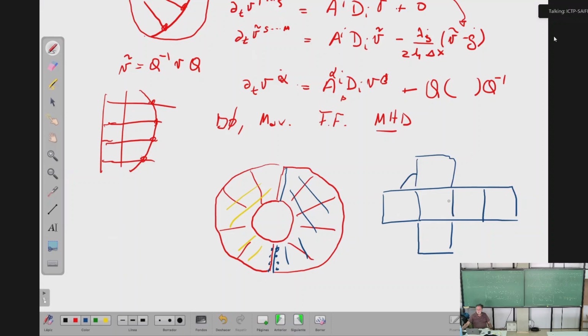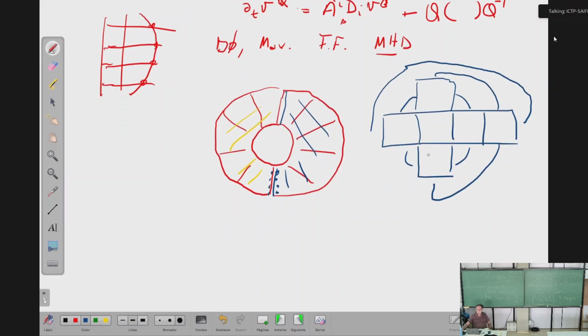Glue this to this, this to this, this to this with this one, with this one, with this one, and you see there is no boundary here, so what you get is a sphere with these grids.